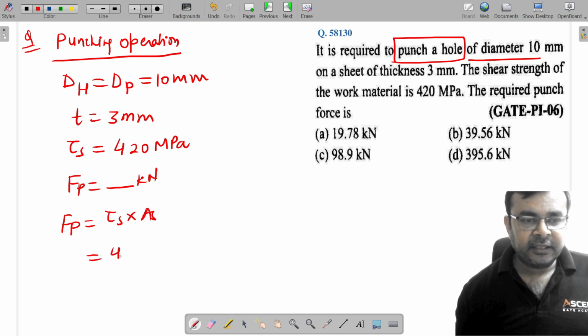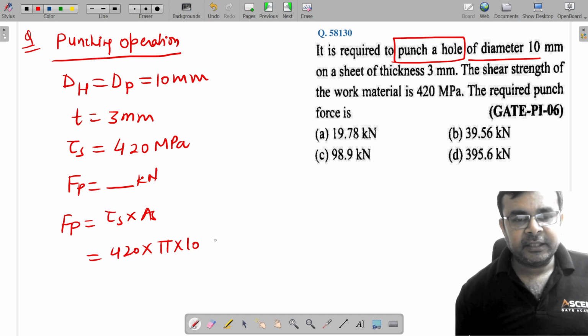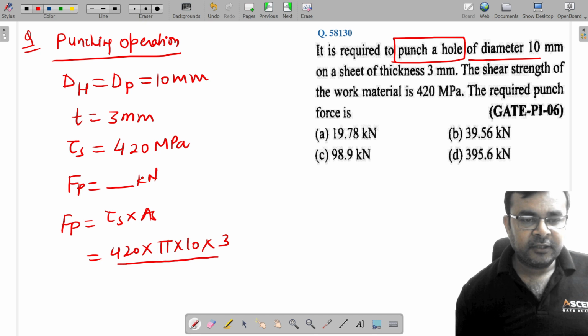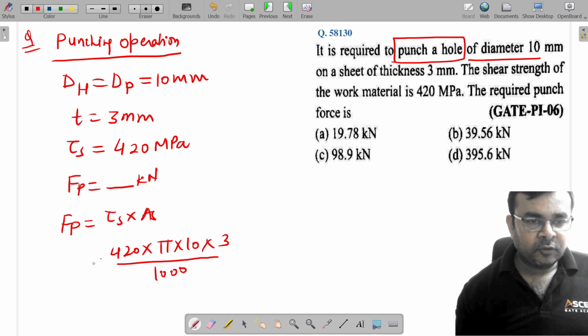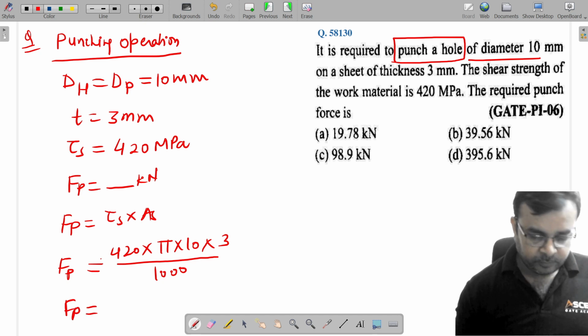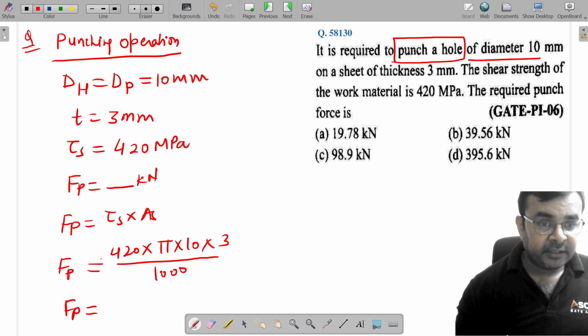So simply I can write directly, 420 into pi d, circumferential length is pi d, into thickness, that is 3 mm. And since we need to put this value in kilonewton, we just divide by 1000, correct? So after calculating this, we get Fp equal to 420 into 3.14 into 30 over 1000.